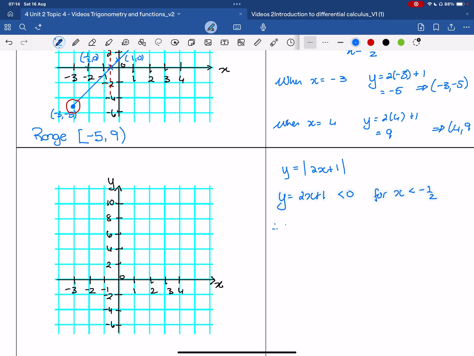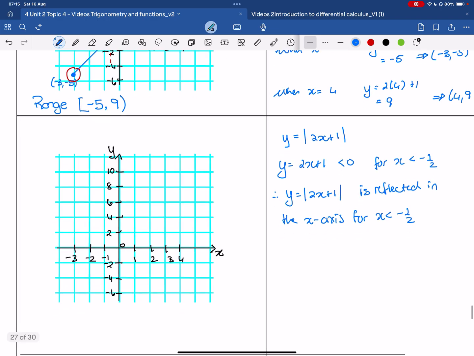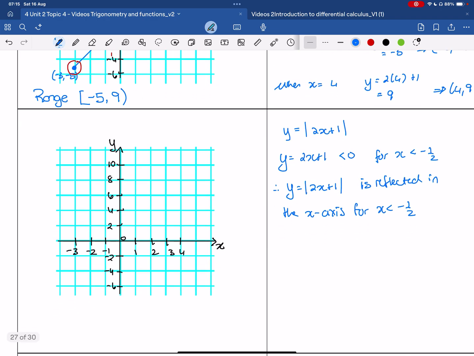So therefore, my absolute value graph is reflected in the x-axis for x less than -1/2. Okay, and there is no change for the right-hand side of my x-intercept.